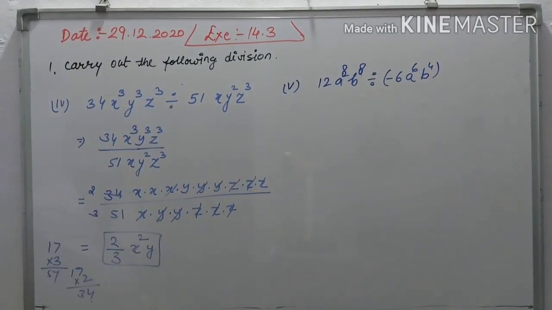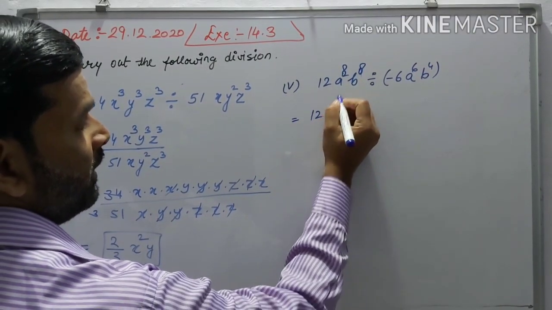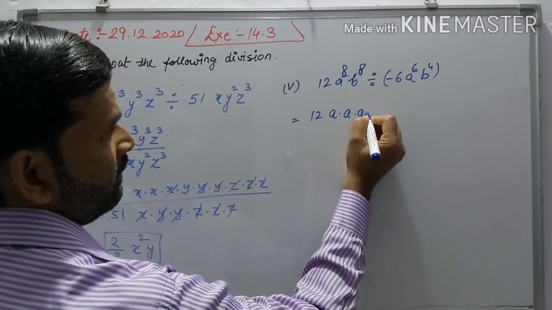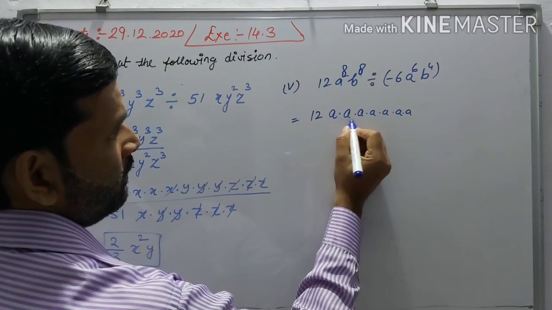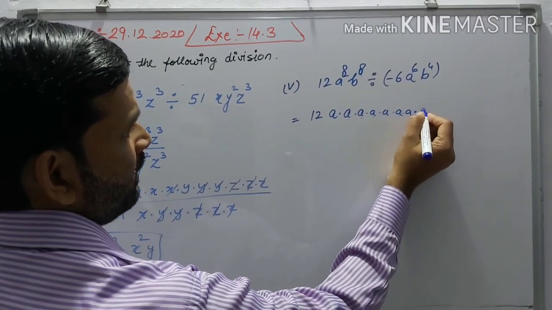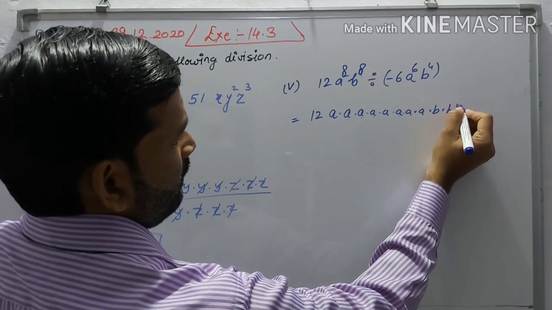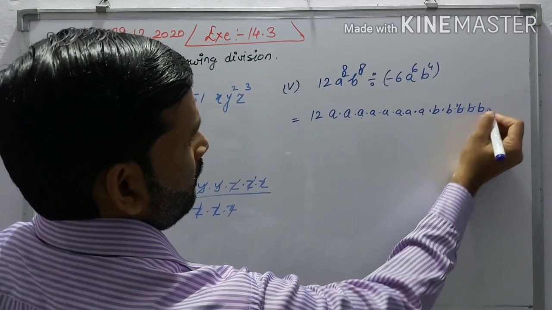So we write 12 a power 8. a power 8 means how many times? 8 times: 1 2 3 4 5 6 7 and 8, and b is 4 times.